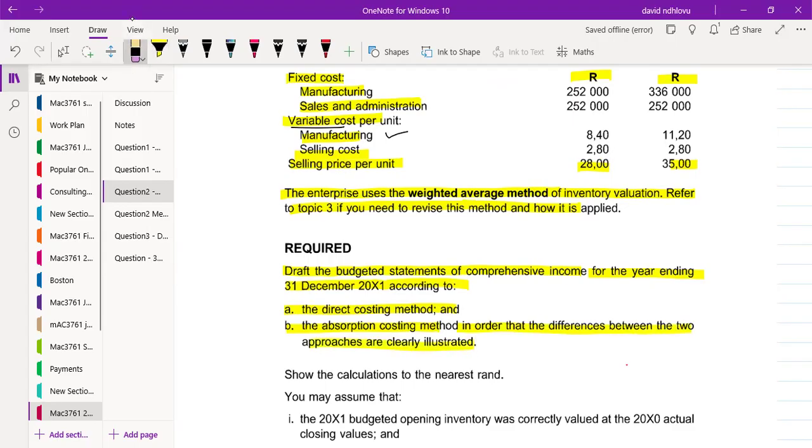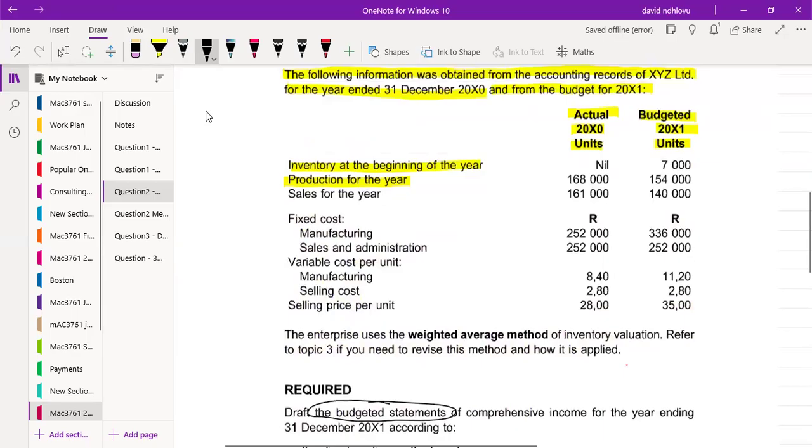So what we need to be clear on, whenever you have an income statement request from a question, you must check whether you are creating a budgeted statement or the actual statement. Remember, this here is the actual information that we have compiled based on the 20X0 year.